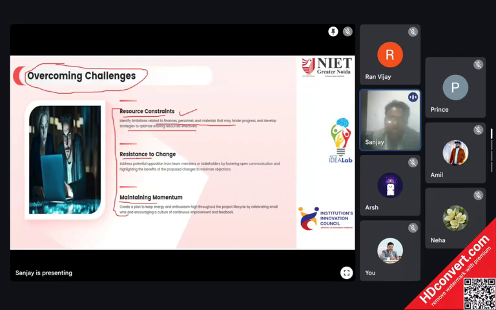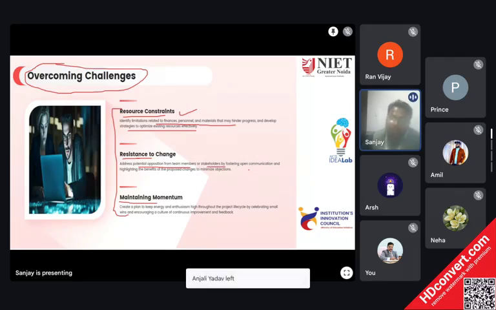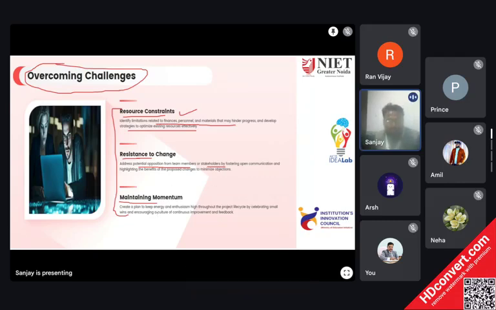For resistance to change, address potential opposition from team members or stakeholders, so we can have the change according to need or demand. Then maintaining the momentum: if we have a large production unit, we have to maintain our pace to cope up with the market. That is important.